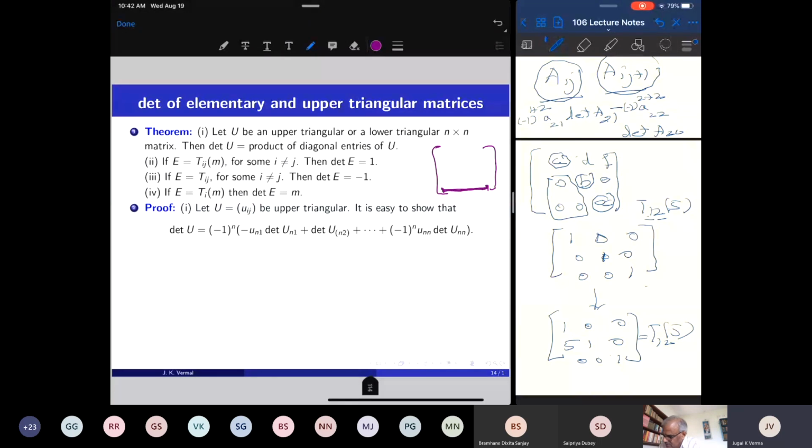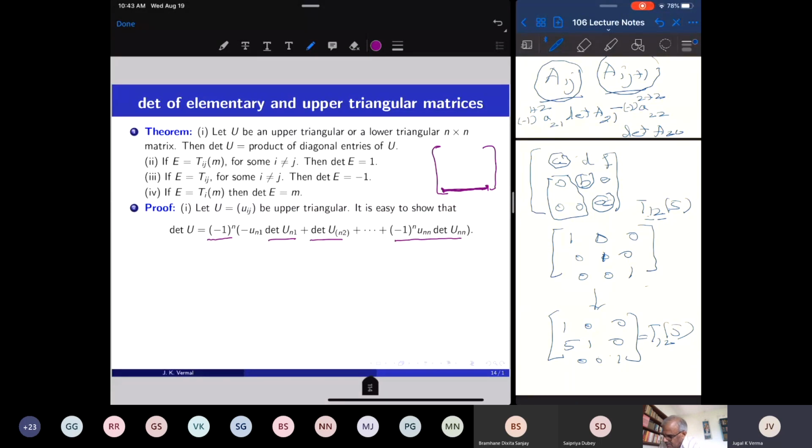In the same way, I can use the last row of a matrix. Then when I use the last row, according to the signs, I will have -1 to the power n plus 1 times un1 determinant of Un1. Then this will be determinant of Un2. Finally, this is determinant of Unn.